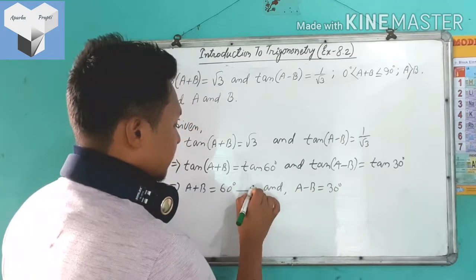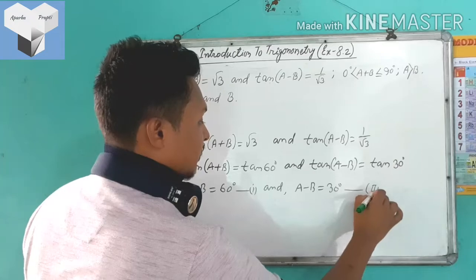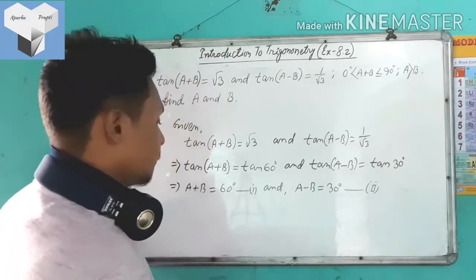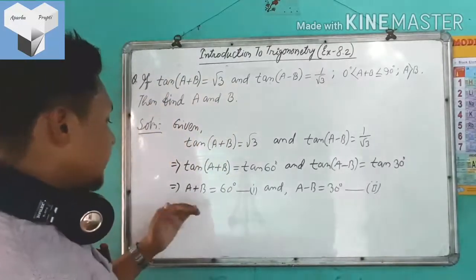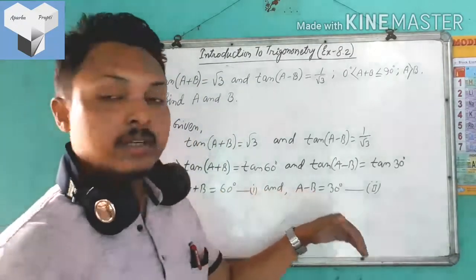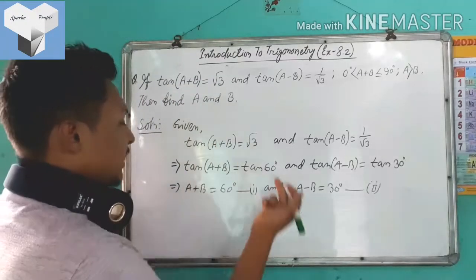Let us give this equation number 1, and this is equation number 2. Okay. So a plus b is equal to 60 degree, a minus b is equal to 30 degree. So simply guys, we need to find the value of a and b.